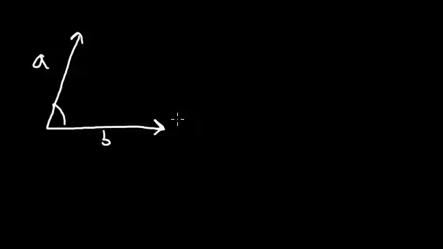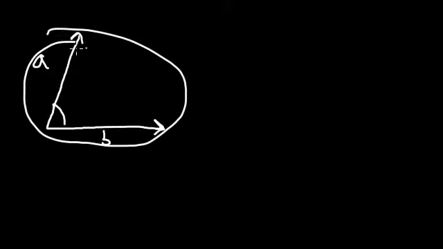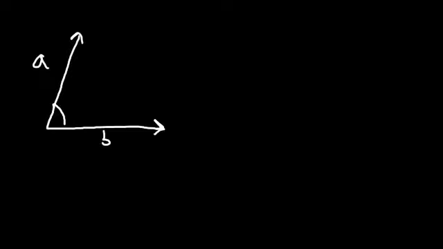It says that when two vectors are represented in magnitude and direction by the adjacent sides of a parallelogram, as you can see, they seem to be represented by the adjacent sides of a parallelogram, because we can definitely complete this to form a parallelogram.